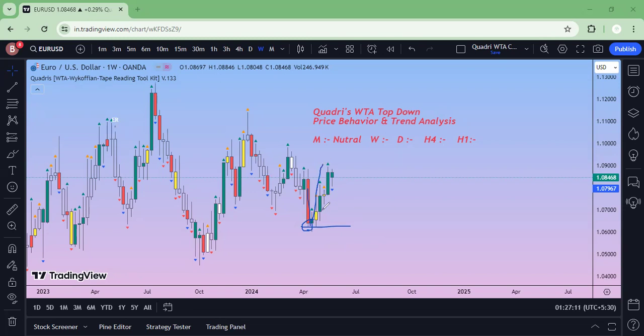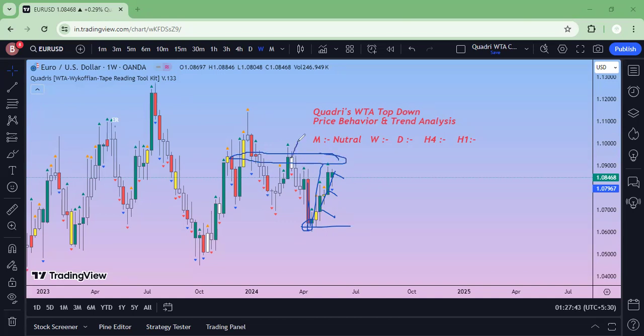So we have a strong demand, but keep in mind, this was a stopping volume kind of activity or climatic behavior on a lower time frame that we don't know. But having said that, price is going upwards.